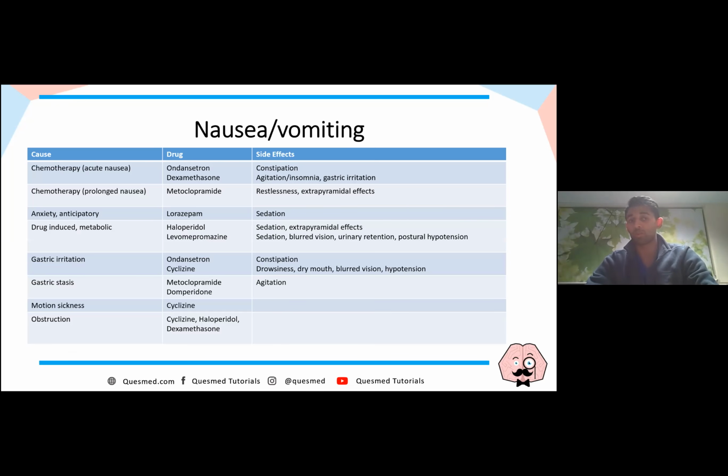So again, I hope you will have access to the slides of the recording later. This table is just showing you the cause of the nausea and the most appropriate drug, because it is targeting the relevant emesis pathway. Okay, so have a look at this. I haven't got time to delve into each of the mechanisms, but this is important.